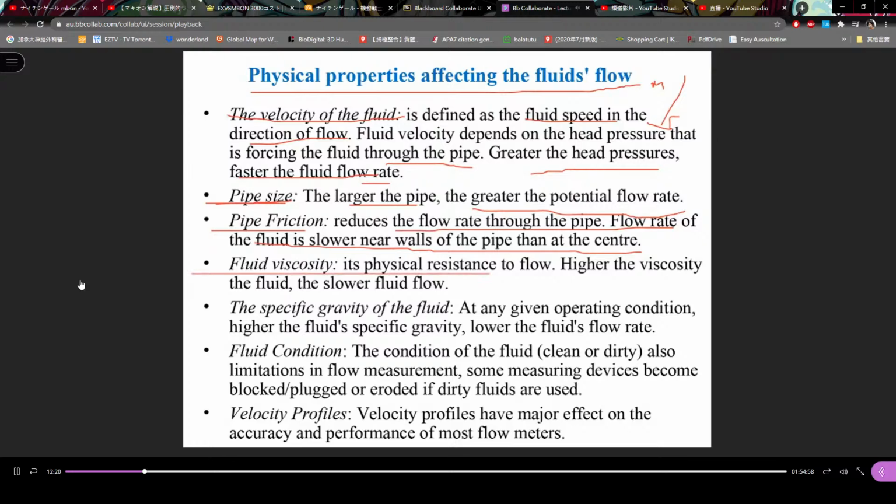For example, this is a river, and the velocity is very high here. If you want to go upwards, of course, the ship will tend to go this way, near the bank, because the velocity here is slow. Why do we have a very slow velocity? Because of friction between the bank and the water.